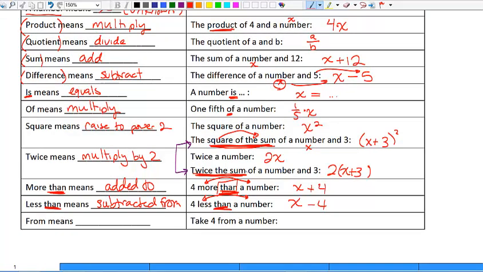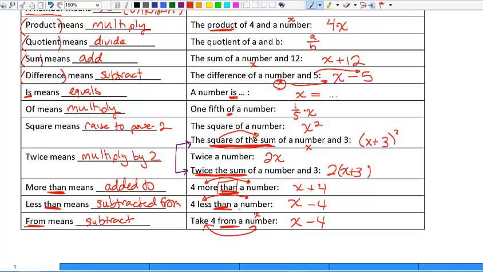And then the last one, from. From also means subtract. And that's another case where you take the numbers and you reorder them because of that word from. So thans and froms reorder things. So if I say take 4 from a number, that's my number, and I'm taking 4 from it.